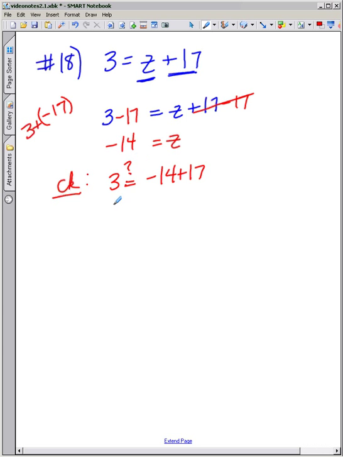Well, yes, right? Negative 14 plus 17 is 3, so that is true. So our solution set is the value that made it true, which was negative 14. Okay? So the addition property of equality just says we can add or subtract the same number from both sides of the equation.